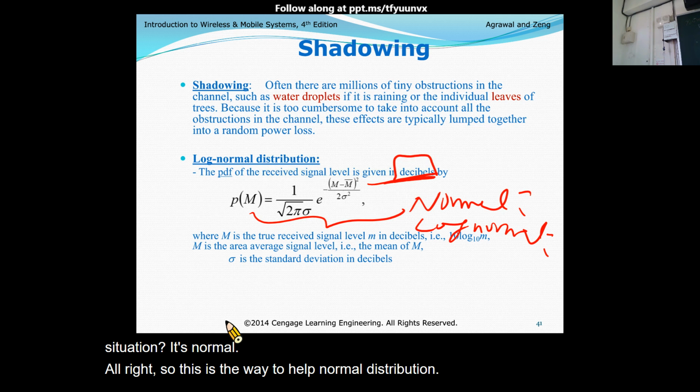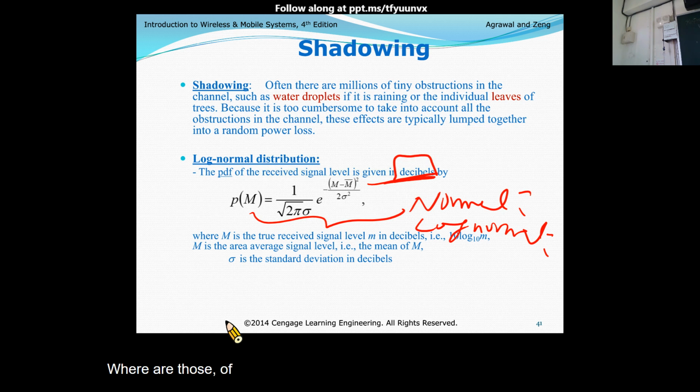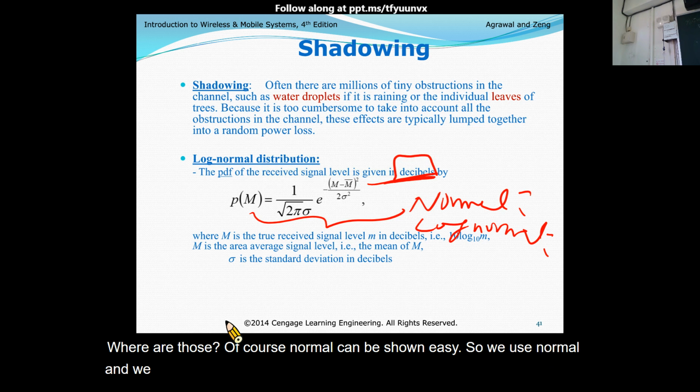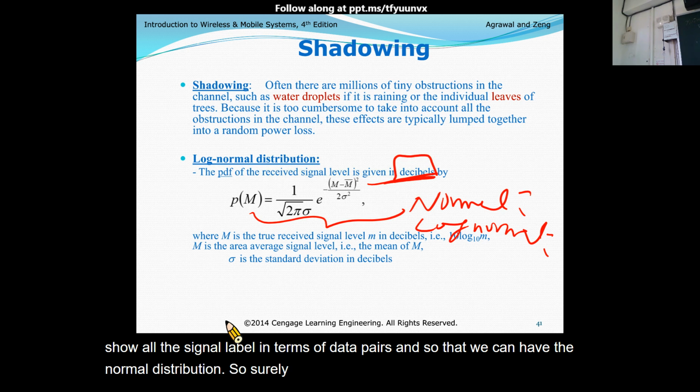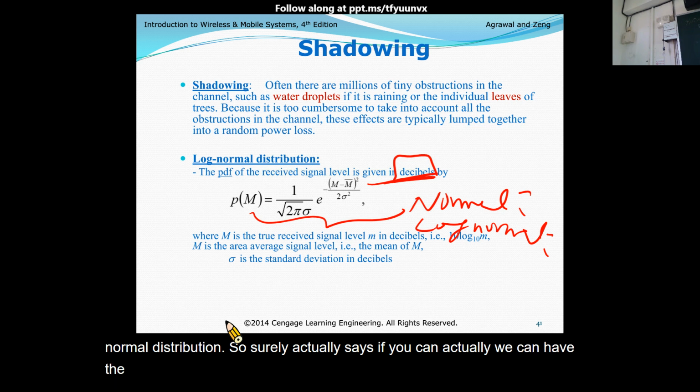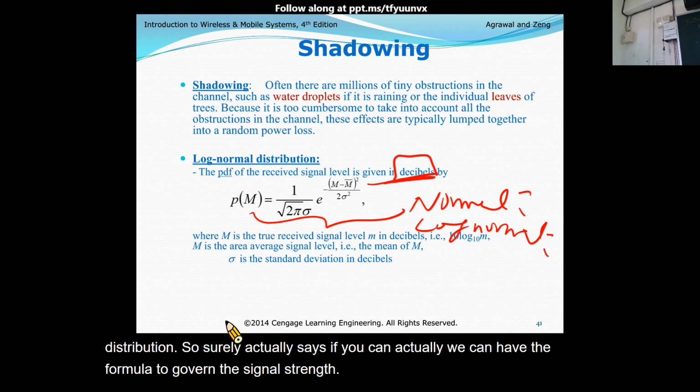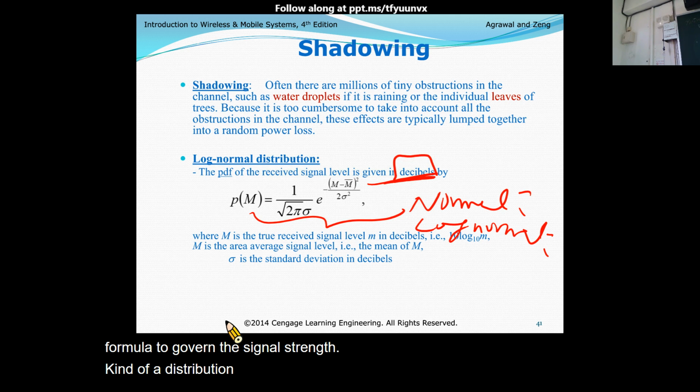Normal can be shown easily. So we use normal, and we want to use it to describe the signal strength. Of course, we need to show all the signal levels in terms of decibels, and so we can have the log normal distribution. So shadowing actually says that we have a theory, a formula, a kind of distribution to govern the signal strength, and that is log normal.